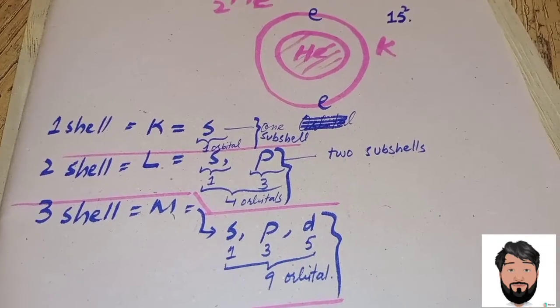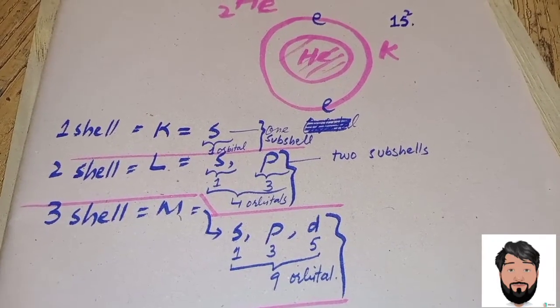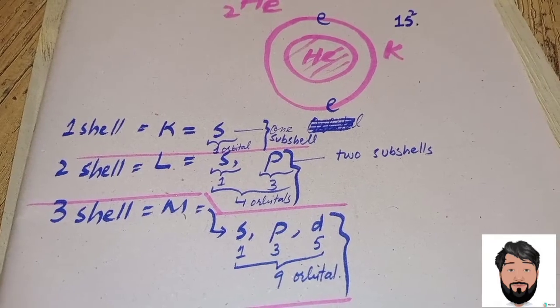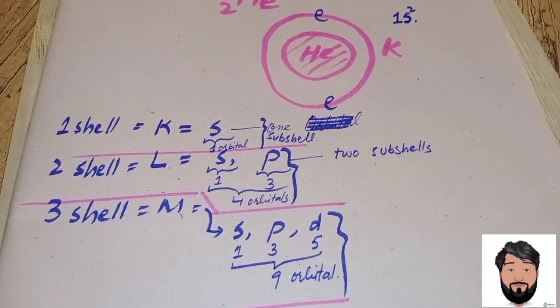Let's have a look at shells. The first shell is also known as the K shell, and the K shell will have only one subshell.